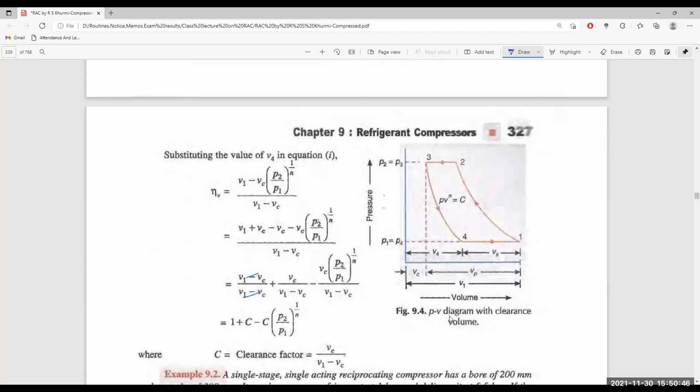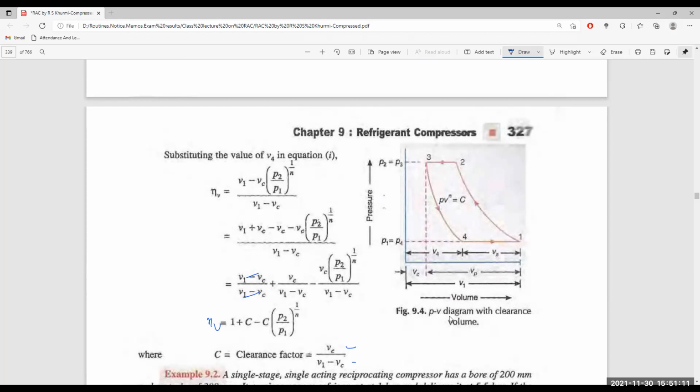Vc divided by (V1 minus Vc) is the clearance factor, which is defined as the clearance volume divided by the maximum volume minus the clearance volume. So it is replaced by C. The volumetric efficiency is 1 plus C minus C times (P2 divided by P1) to the power 1 by n.